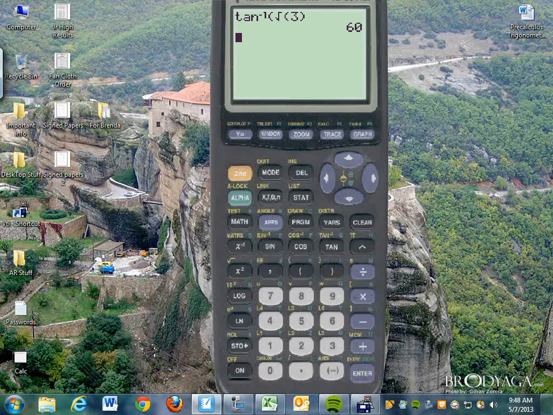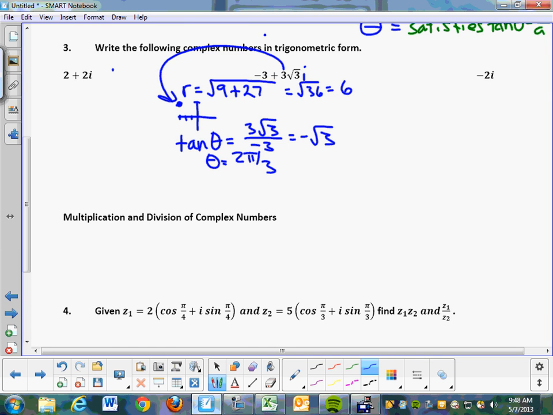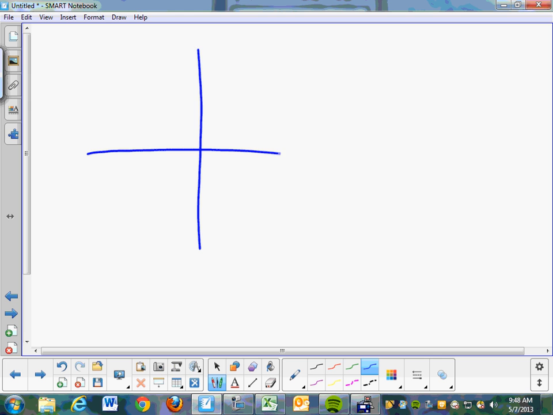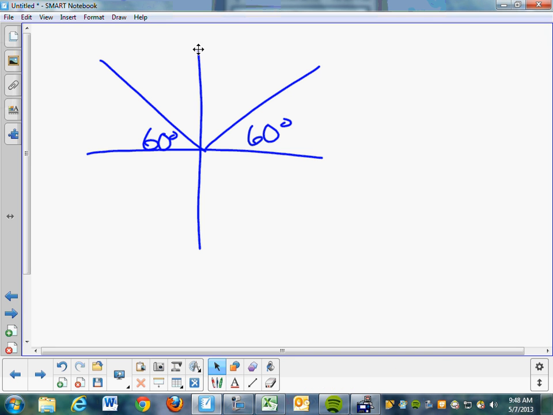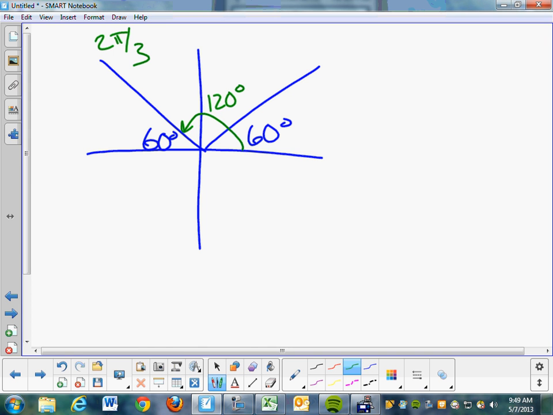I get 60 degrees. So if I'm working with 60 degrees, you said I'm in the second quadrant, right? So 60 degrees in the second quadrant would mean what angle do I have? 120 degrees, which is 2 pi over 3, right?